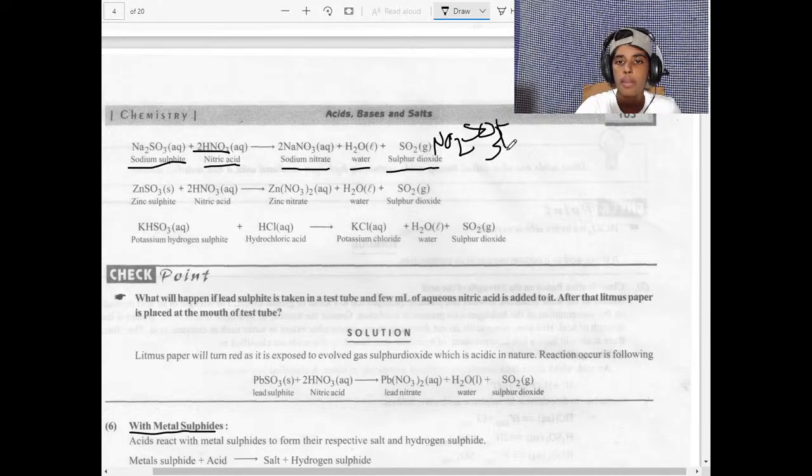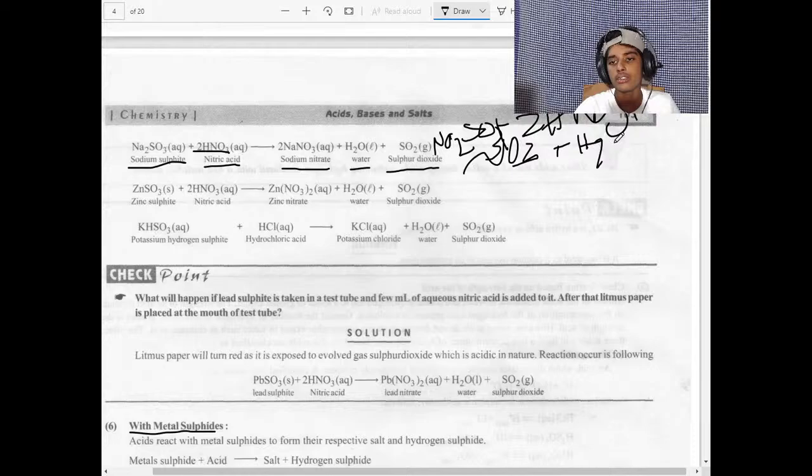Na2SO3 plus 2HNO3 will give 2NaNO3 plus H2O plus SO2, sulfur dioxide.